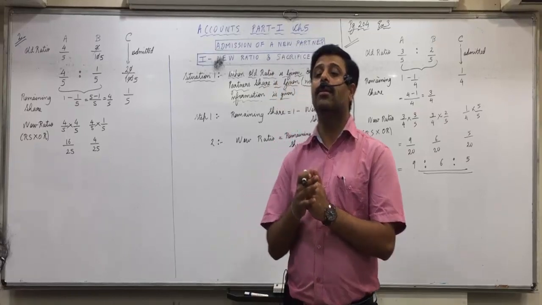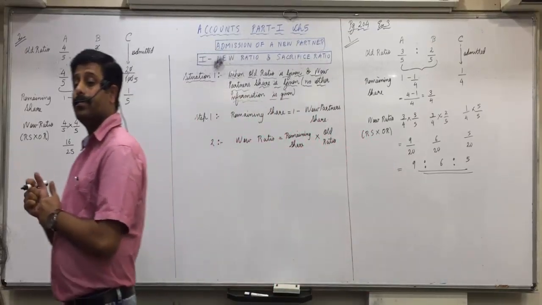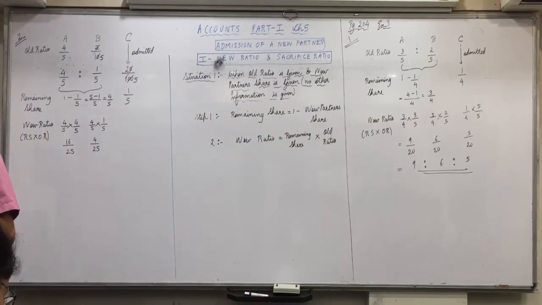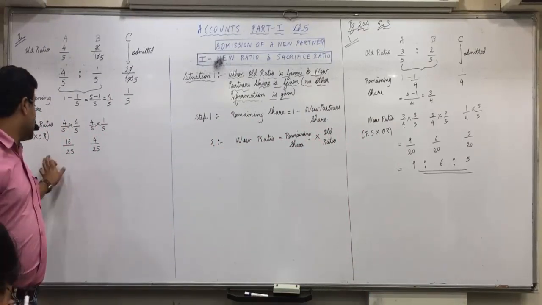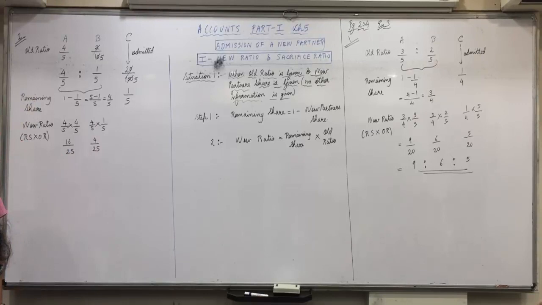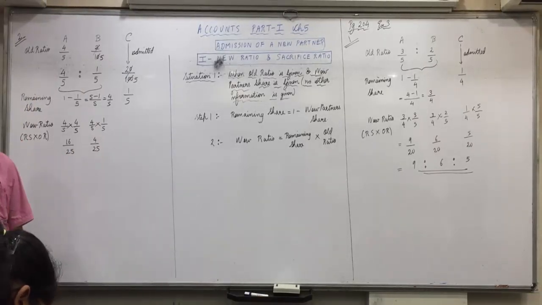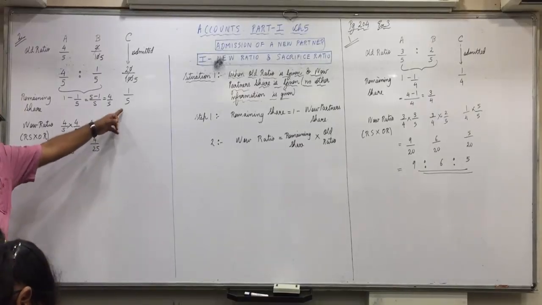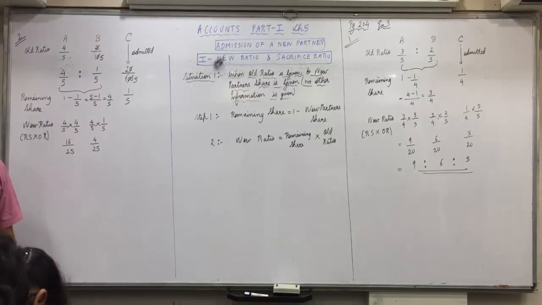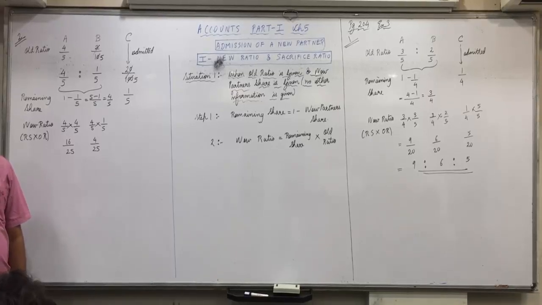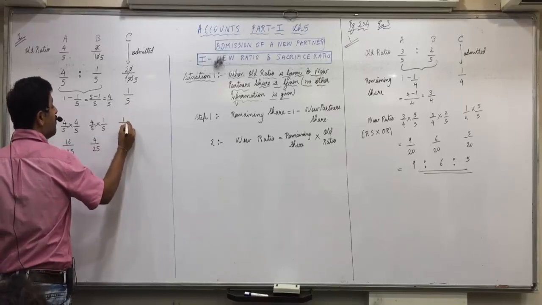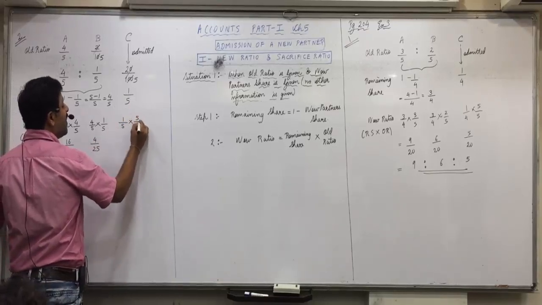And then, how will you make the denominator same for C as this 25? 5 into 5, so 1/5 multiplied with 5/5.